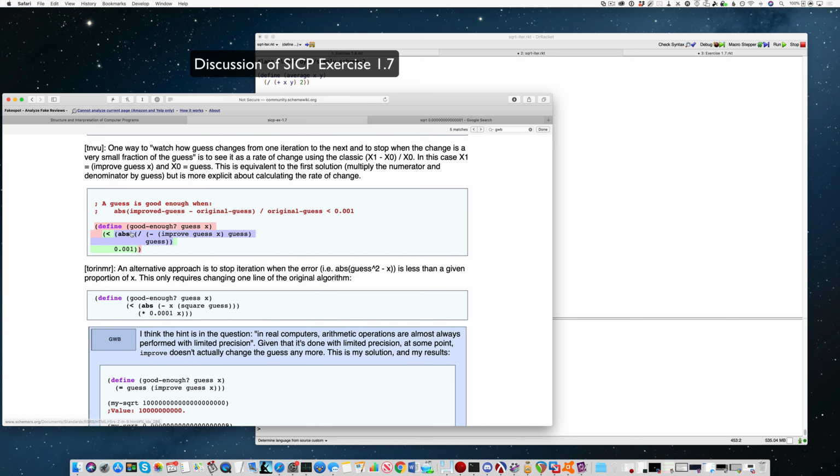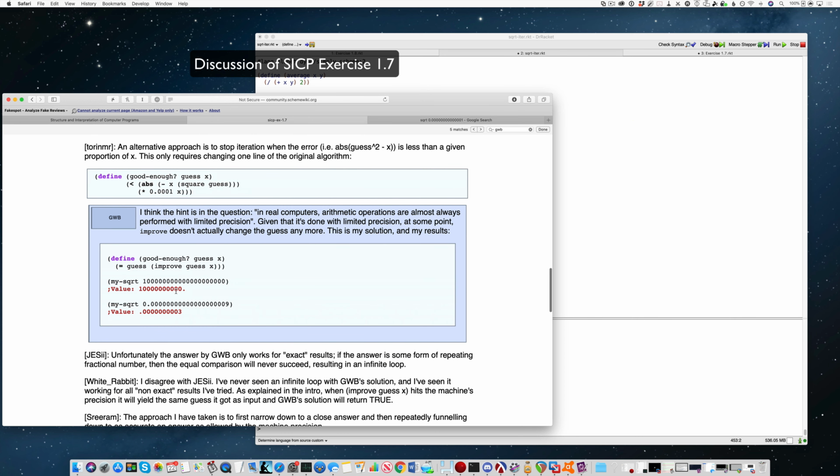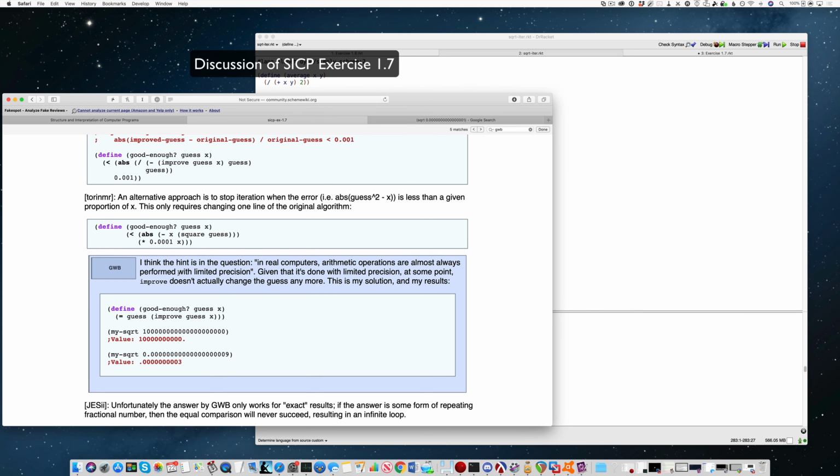Rather than comparing the ratio of the change in the guesses, this guy is just squaring the guess and seeing if it's within a certain range of the original number whose square root you're trying to estimate. Oh, this might be better actually.